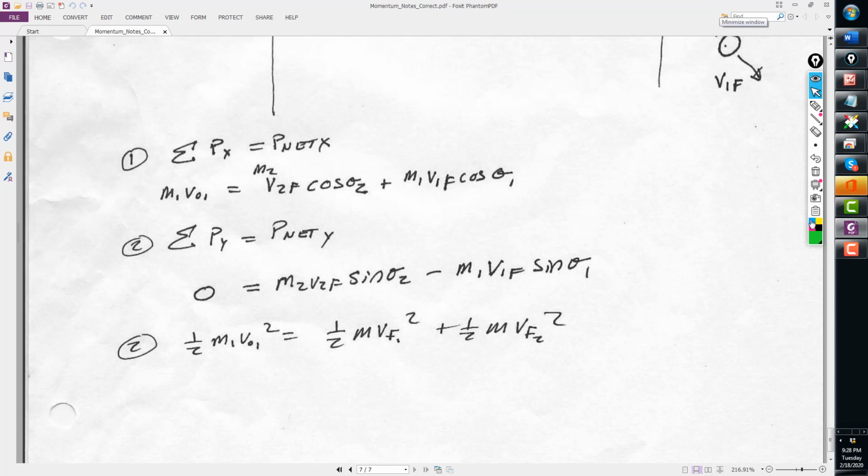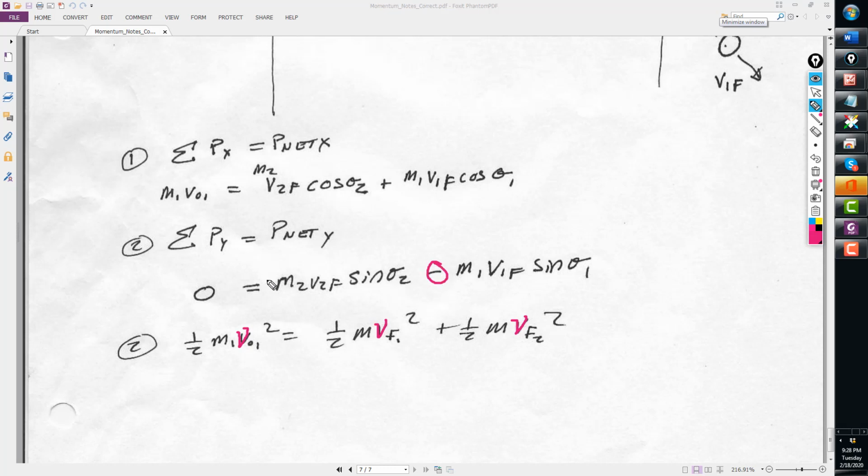There are two major differences we have to keep in mind. First of all, there's no negatives or positives. And we're not dealing with components. So that's two major differences.